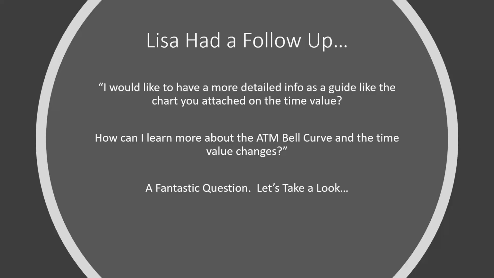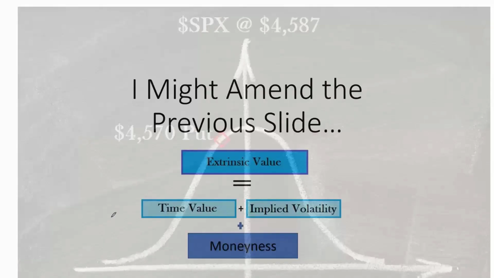But based on our previous slide, what else do I have to show? Well, I have to show one example of those charts with the at the money, then maybe, let's say, 10 points in, 10 points out, 20 points in, 20 points out. How much time remains? 5, 4, 3, 2, 1 days to expiration. At, say, 0.15 volatility. What are those same charts at 0.25 implied volatility, 0.35 implied volatility, and maybe 0.45?